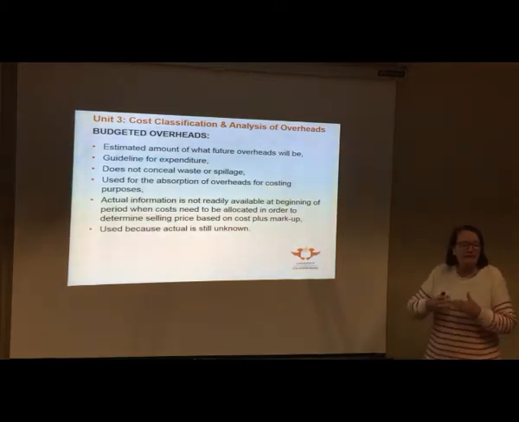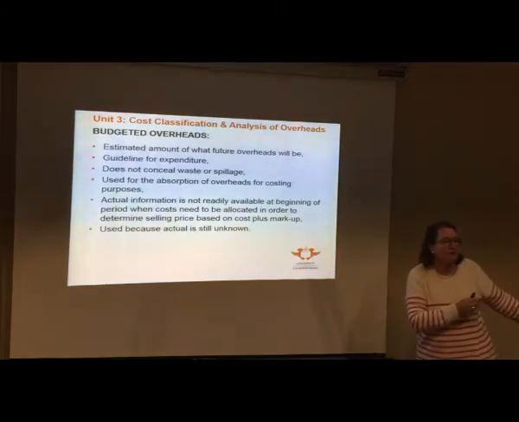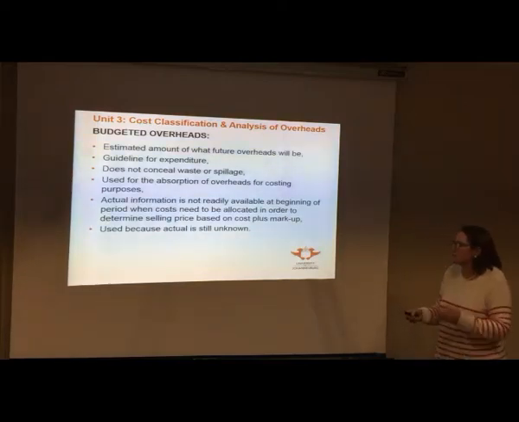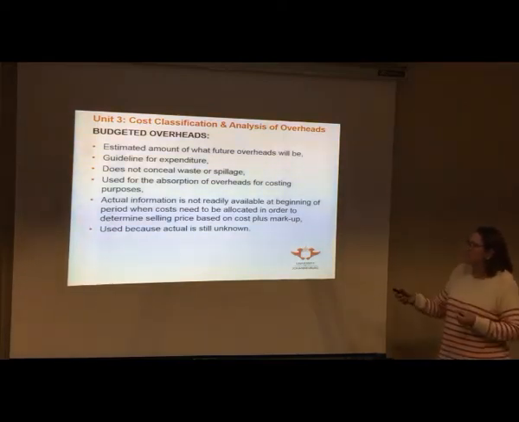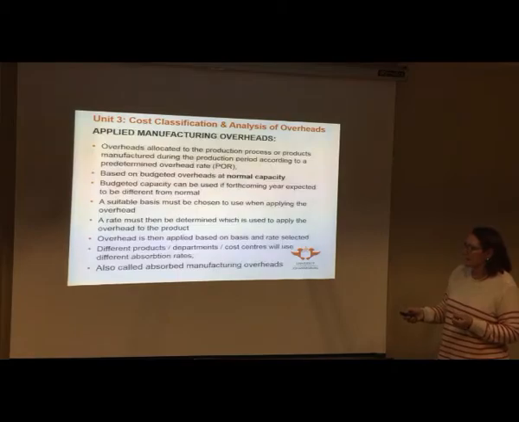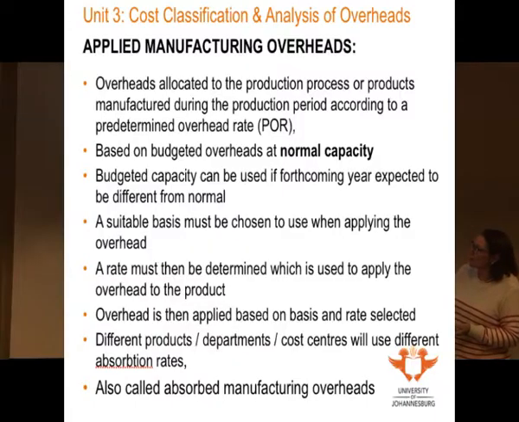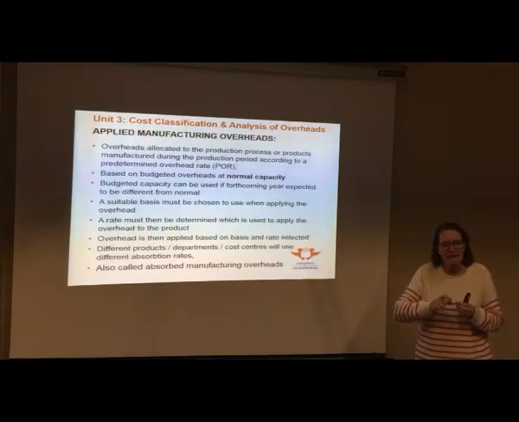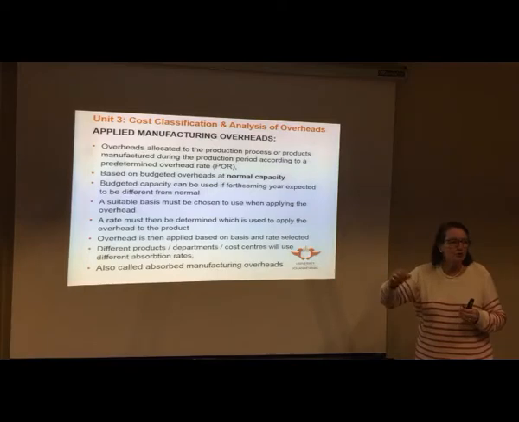We use our best estimate based on the information we have in the past to create an amount that we can allocate. Okay, the predetermined overhead rate. So we call this the predetermined overhead rate, and that is the rate that we're going to use to allocate the overhead costs to production.